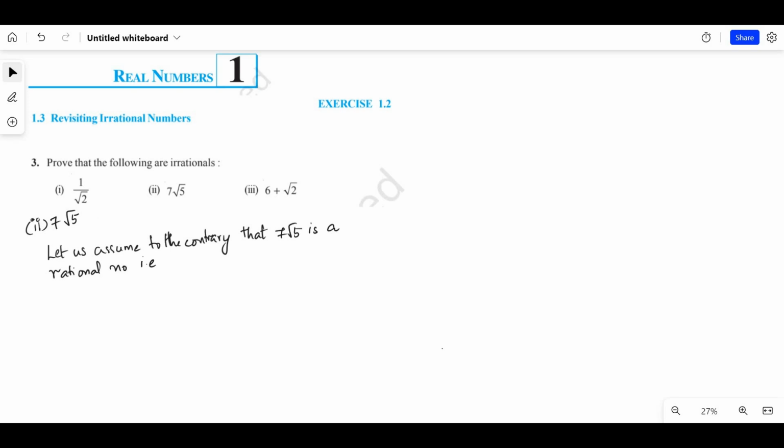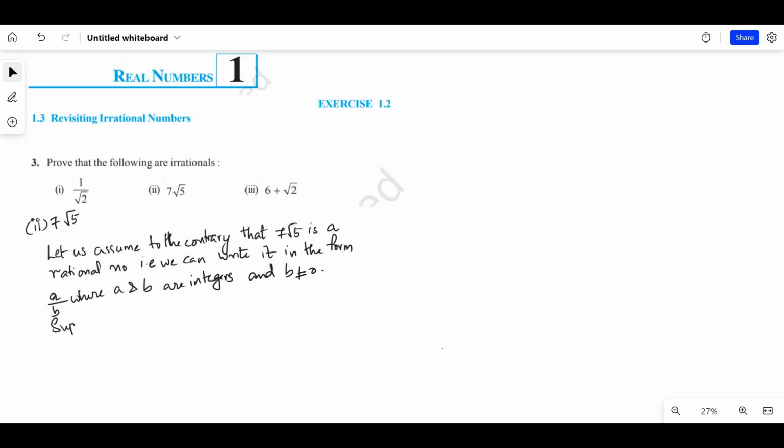That is, we can write it in the form A by B, where A and B are integers and B not equal to 0.